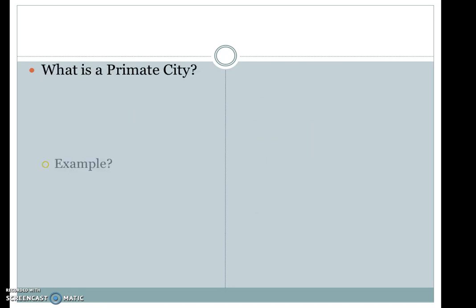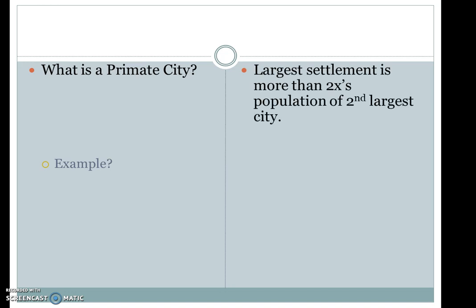So a primate city is when the largest settlement has more than double, so more than 2 times, the population of the second largest city. And not larger in the sense where, oh gosh, they're off by 100 people, but grotesquely larger, if you will. For example, Mexico City, 8.5 million people.